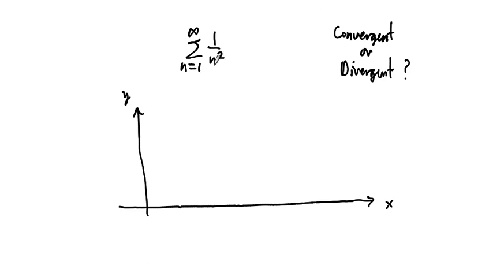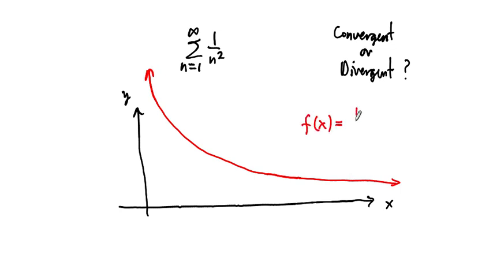Remember, we can think of a sequence as a function whose domain is just integers. But let's replace this by the continuous function f of x equals 1 over x squared, defined for x greater than 0.